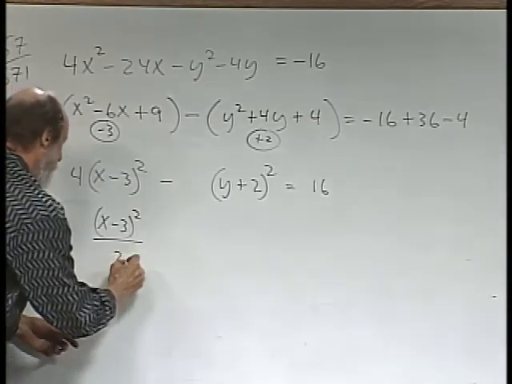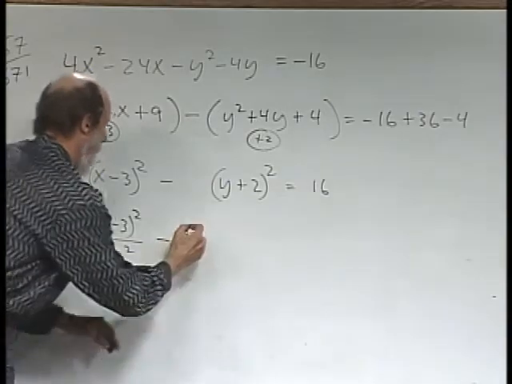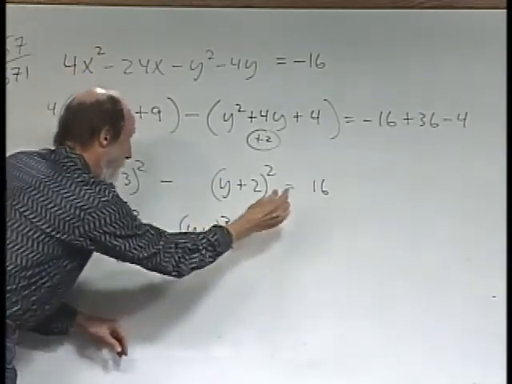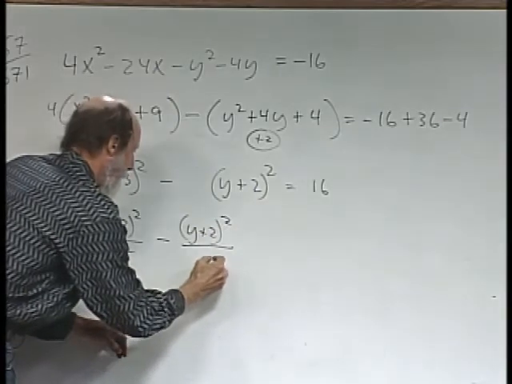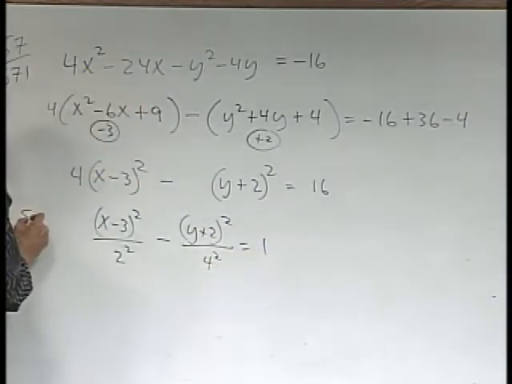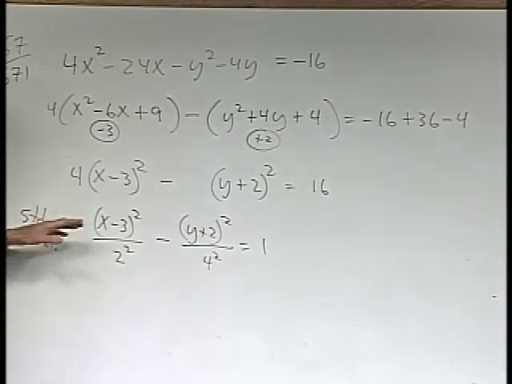And that we would write as 2 squared. Subtracting our y plus 2 quantity squared over the 16, which is 4 squared, equals 1. Now we have the standard form from which we can identify the different features of the hyperbola.